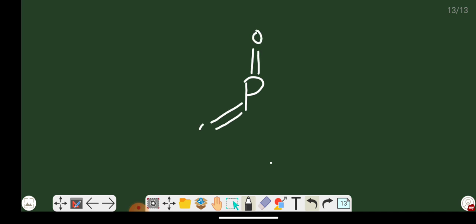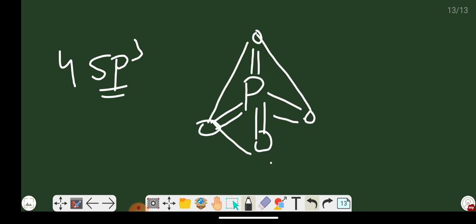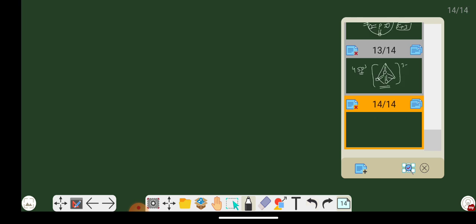When the molecule has 4 bond pairs, the hybridization is sp3 and the shape of the molecule is tetrahedral. So PO4 3 negative has a tetrahedral shape like this. This is the geometry of the PO4 3 negative.